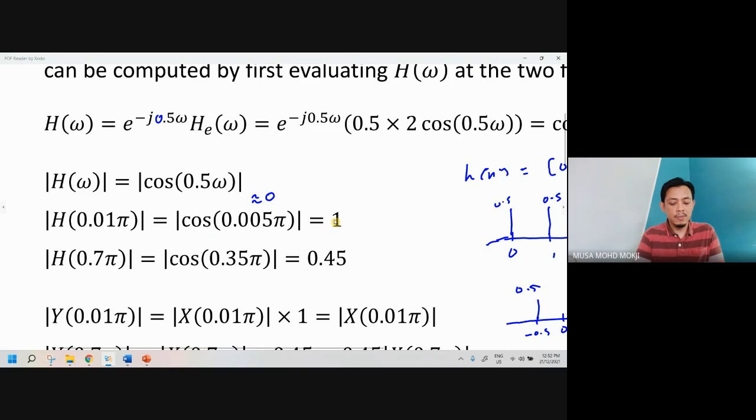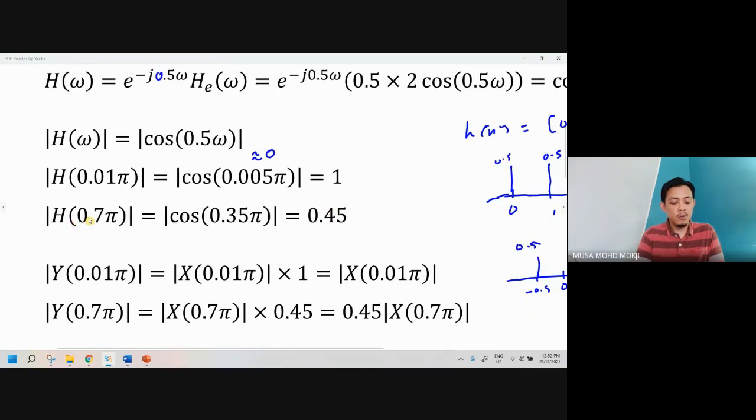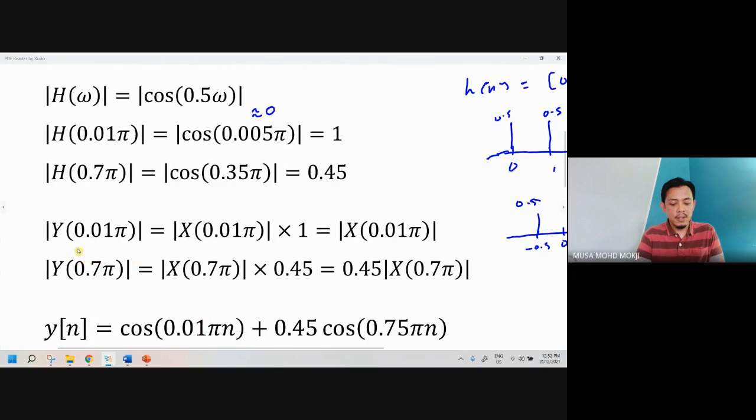Okay. At 0.7 pi, this is the second frequency of our input signal. So we will do cos 0.35 pi, which is 0.45. So then this is the output. What is the output?